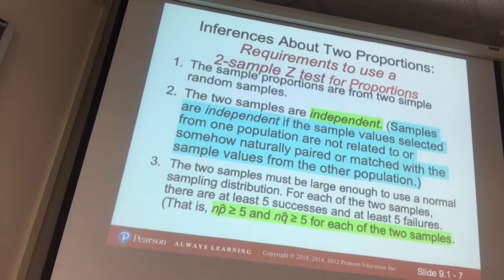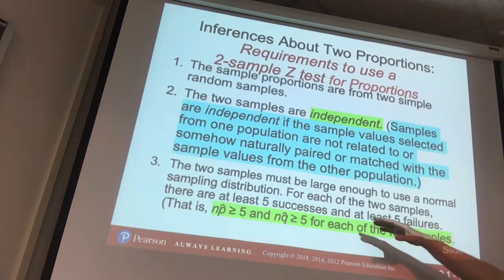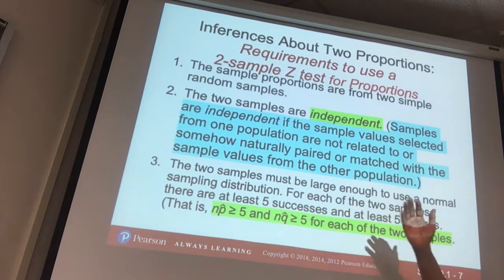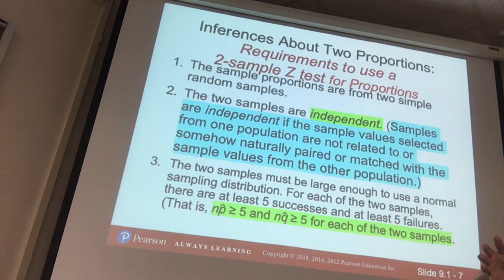The 2 samples must be large enough to use a normal sampling distribution. For each of the 2 samples, remember, when we're talking about proportions, we're talking about binomial trials that we can assume we're going to be able to use the standard normal because we have a large enough population.